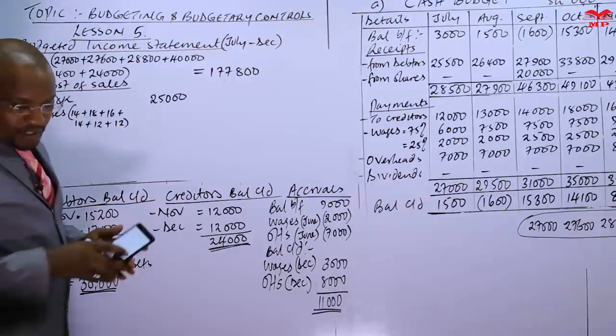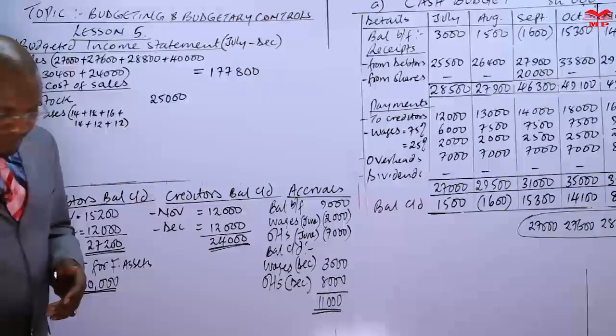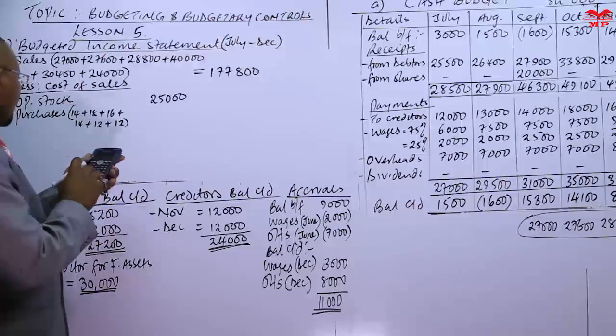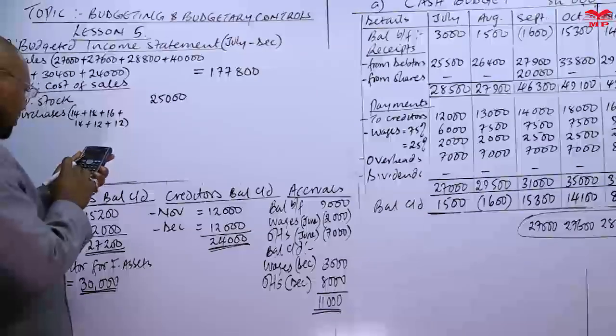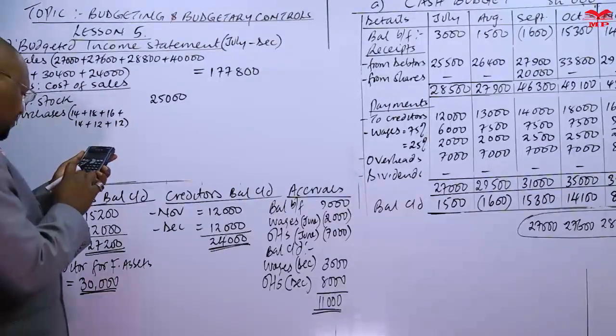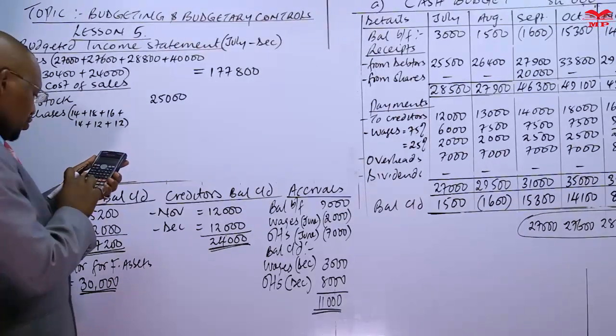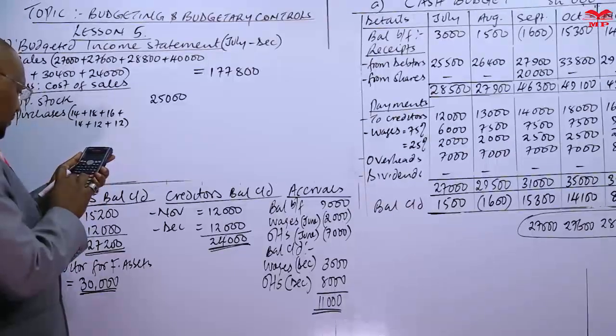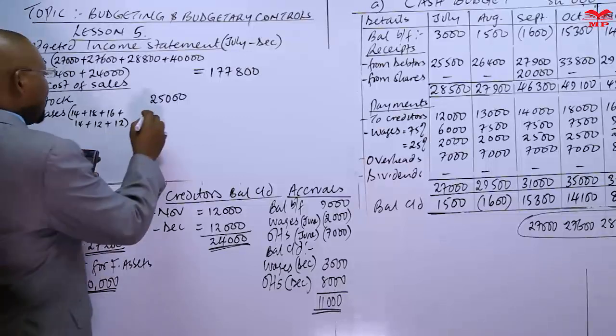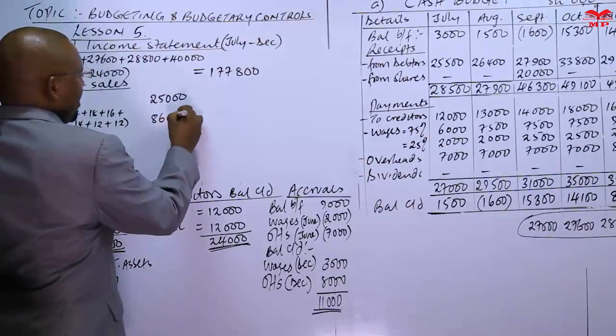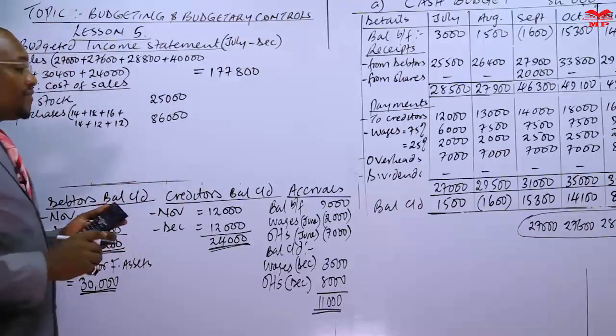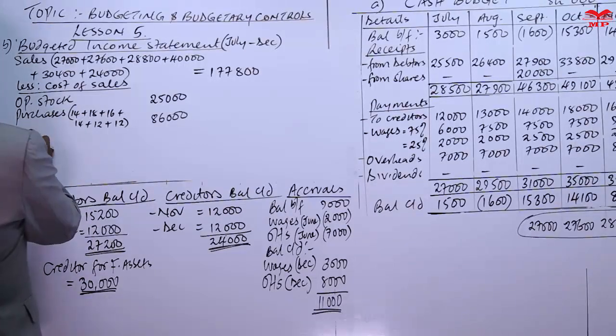So this is going to give us a total of what if we add? 14 plus 18 plus 16 plus 14 plus 12 plus 12. This is giving us 86,000 as the purchases. Then we go to the closing stock.